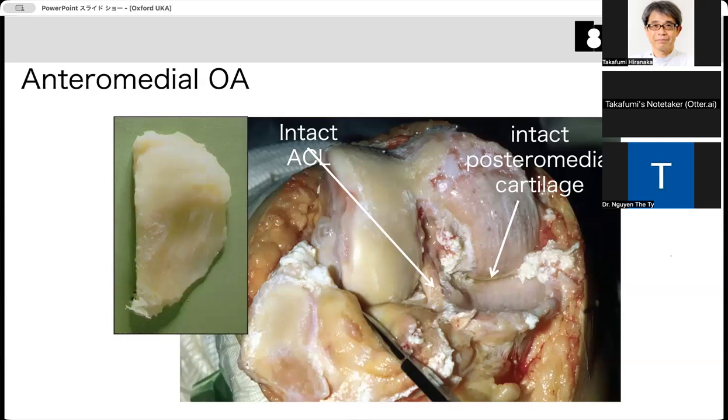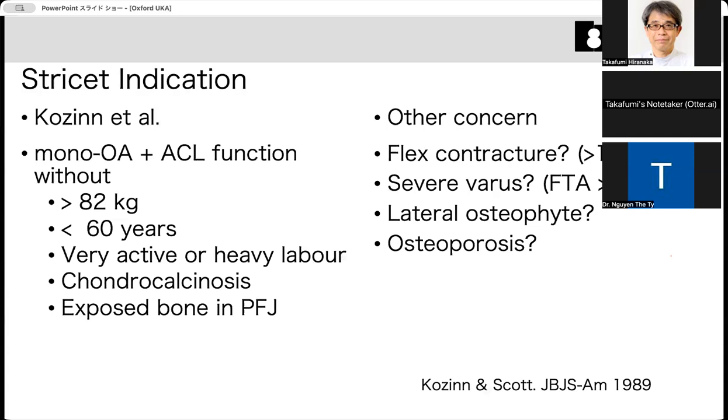Then not only the anterior, but also the posterior cartilage can be worn. 要するに、アンテロメディアル OA という名前を言います。これは ACL が効いている状態の OA。内側の OA やけども、軟骨がないのは前方だけですよ。で、こういうのがオックスフォードの対象ですよということで、それ以外のことは、ここに書かれているようなことを無視します。In the Oxford indication, we ignore these items.